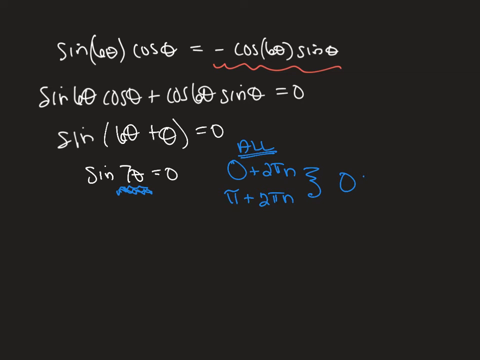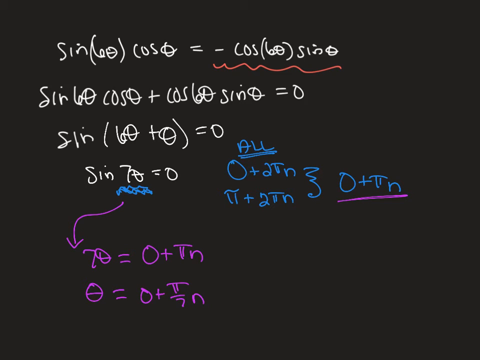So I'm just going to write it as 0 plus pi n. So I'm going to take that 7 theta and set it equal to that 0 plus pi n. And then when I divide, theta is going to be 0 plus pi over 7n. So I divided everything by 7, but 0 divided by 7 is obviously 0.